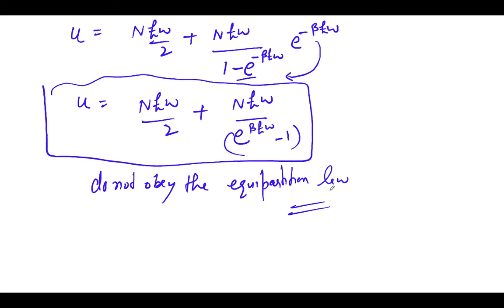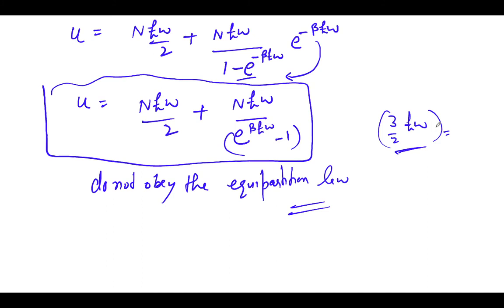In the classical treatment, we generally say that for a one-dimensional problem, the energy of the particle is of the order of 1 by 2 kT, and for a three-dimensional problem, the energy is of the order of 3 by 2 kT. But the quantum mechanical treatment does not obey this equipartition theorem. This means that the energy per oscillator is different from the equipartition value, which is of the order of 1 by 2 kT.